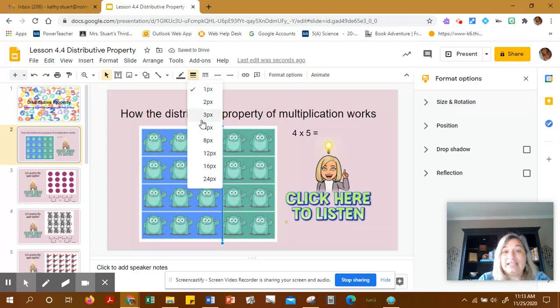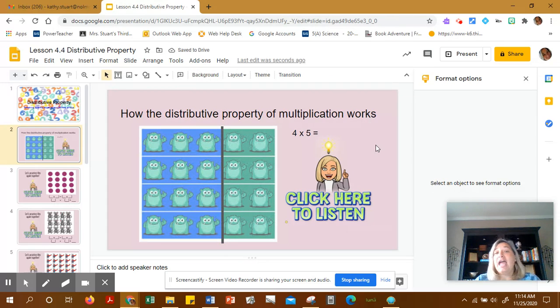And it's not exactly right in the middle. I can actually break apart my array anywhere I want. So if I wanted to break it apart right up here and go straight down, I could. If I wanted to break it apart over here, I could have. But this is where I chose to break it apart. And then notice I made one side blue so it's easier for you to see. And I've made one side green.